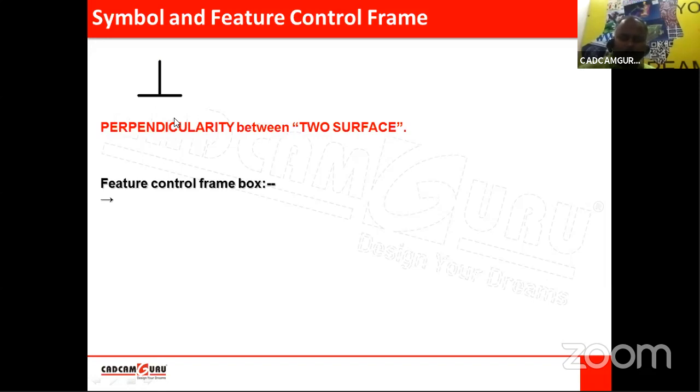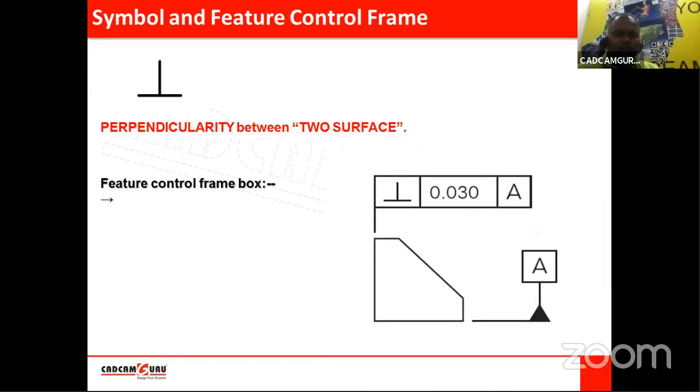So this is the symbol for both cases: perpendicularity between two surfaces, and between axis and surface. For both conditions, the symbol is the same. So this is a feature control frame attached with two perpendicular surfaces.